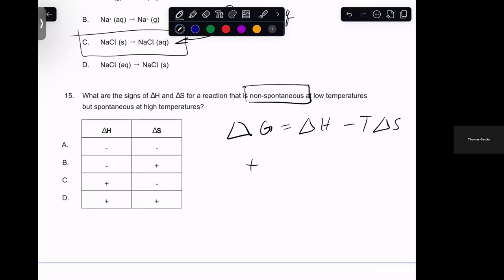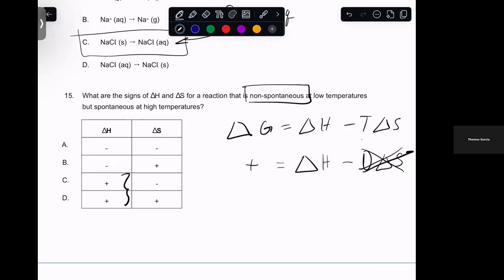So what I'm trying to do is find out how do I make delta G positive when I only have delta H, because we're going to imagine that T is just 0 and therefore canceling out our delta S. Well, if I want it non-spontaneous at low temperatures, delta H should be positive.